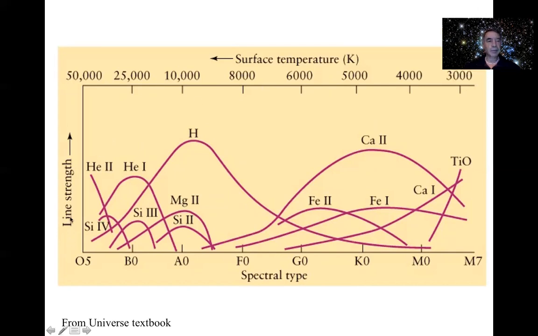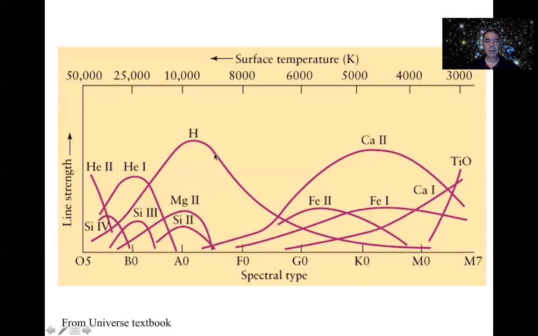It's a schematic diagram really. This is just a graph of line strength against temperature. The temperature is going backwards. That will be revealed a bit later. But basically, let's focus on this curve labeled H, which is the strength of the hydrogen lines, H alpha or H beta, the whole Balmer series of hydrogen lines.